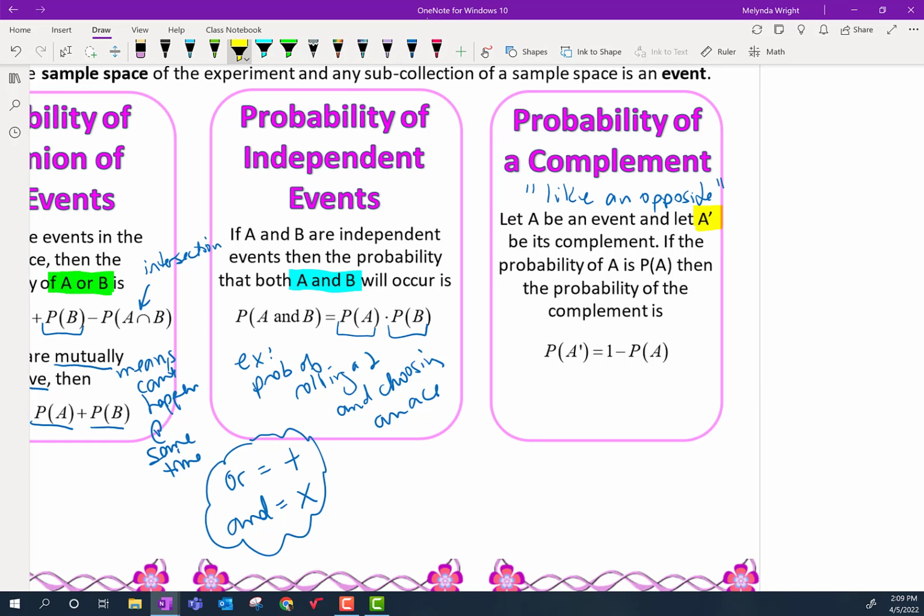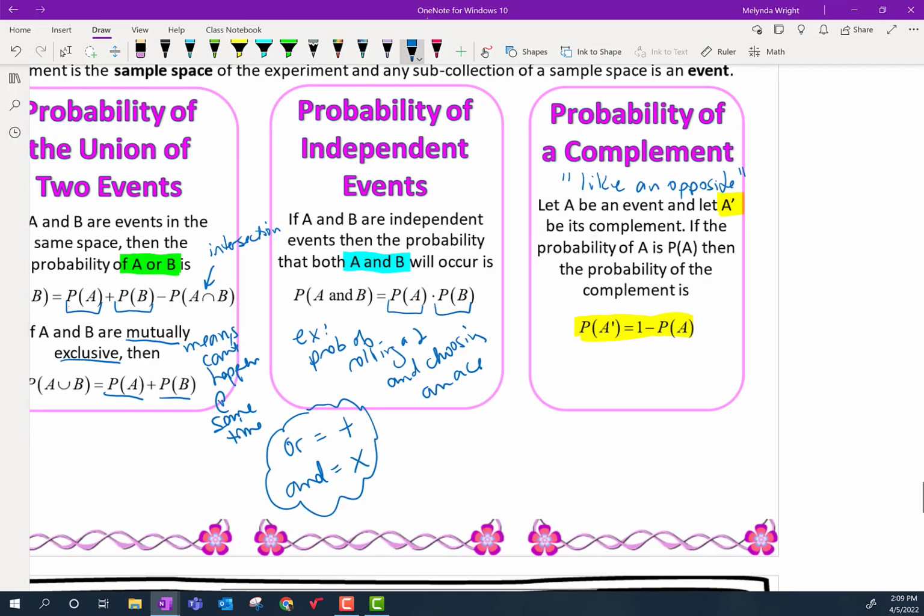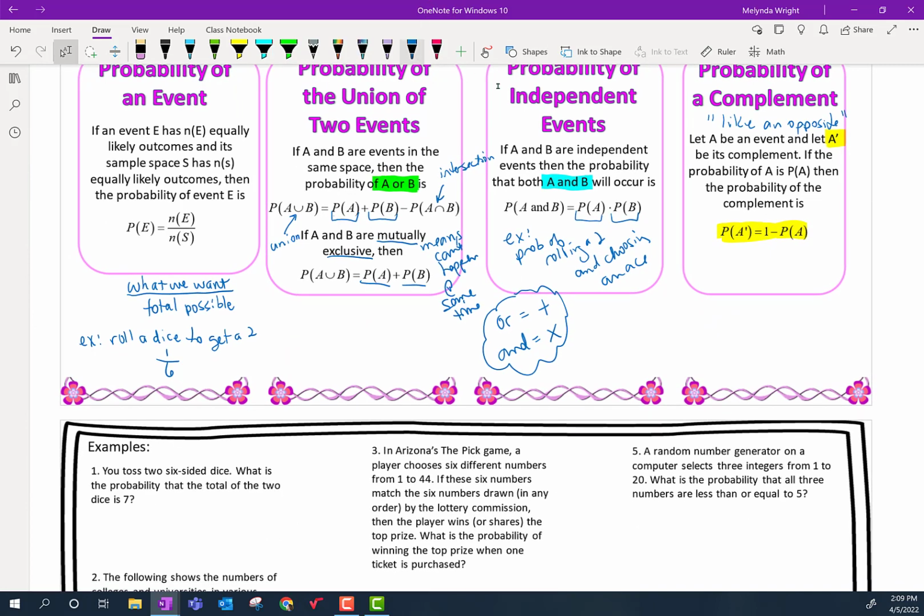So what we would do, if it's really complicated to find the probability of A, and it's easier to find the probability of its complement or kind of like its opposite, we would do this scenario. We would do 1 minus the probability of A. Okay, so let's practice these now. We've got some examples to do on the next page.